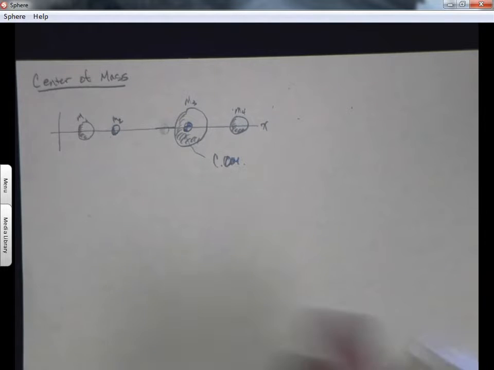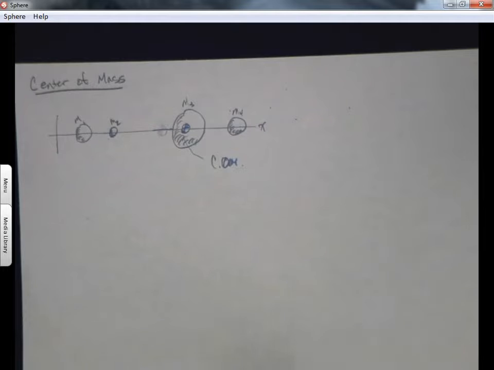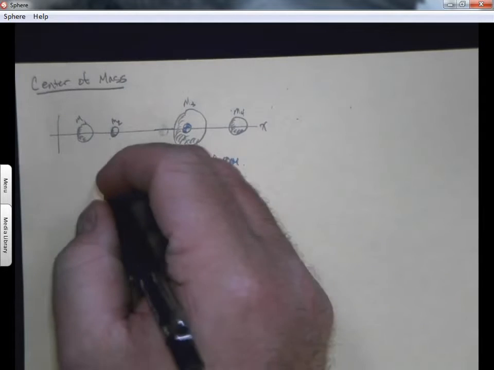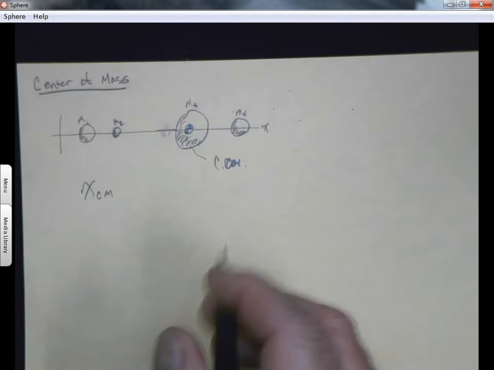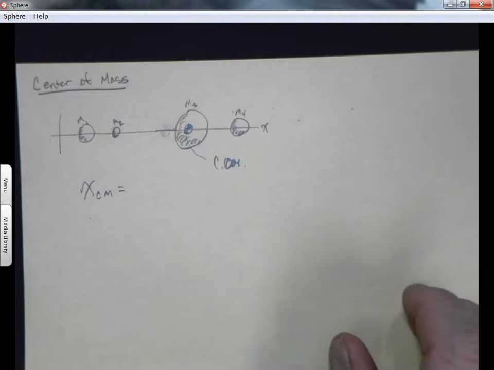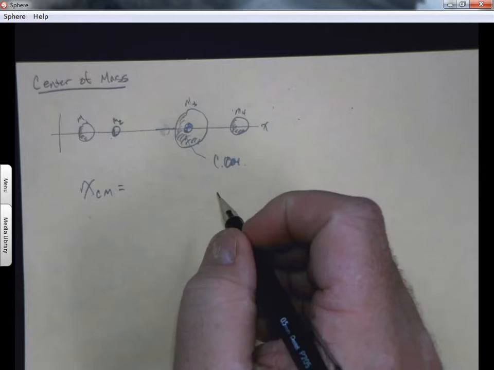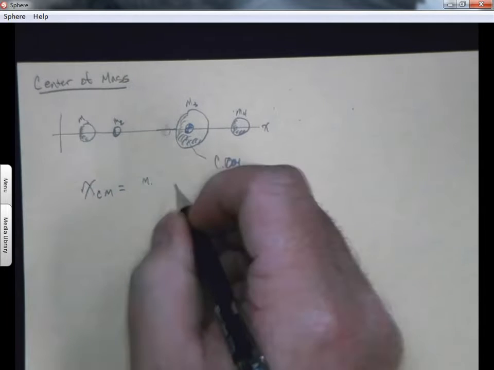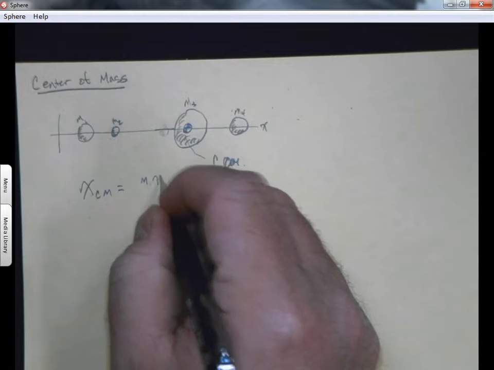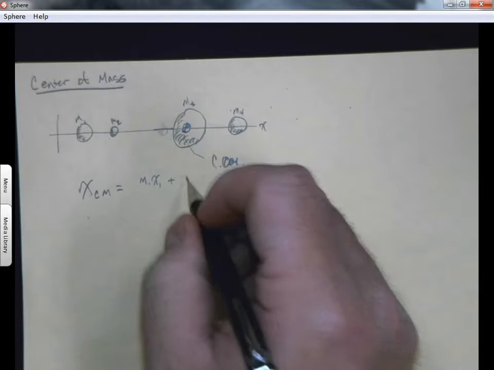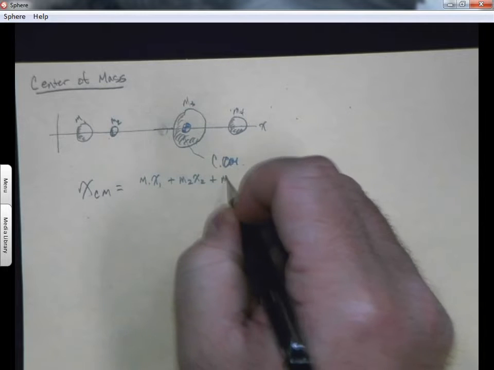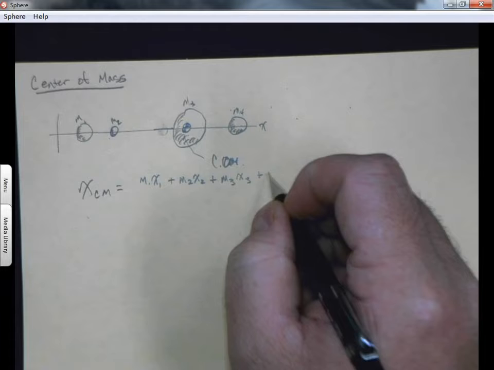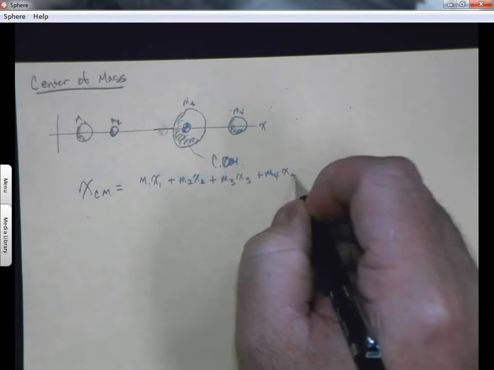The way we find the x position of our center of mass, and this just gets long and messy, but we have ways of dealing with long and messy things when we get into our math, is it's going to equal mass 1 times the position of mass 1, plus mass 2 times the position of mass 2, plus mass 3 times the position of mass 3, and mass 4 times the position of mass 4.